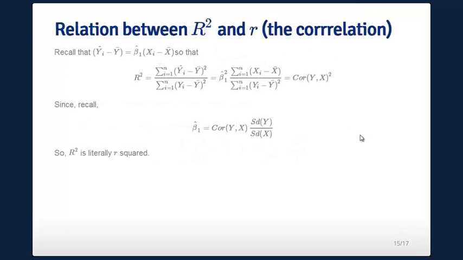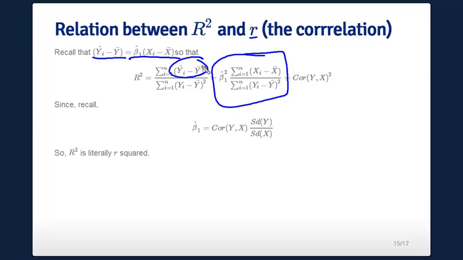So-called r squared. So very briefly, I want to talk about the relationship between r squared and r, which is the empirical correlation between the x's and the y's. Recall that yi hat minus y bar from 2 slides ago is equal to this guy. If we plug that into here, you can reduce that expression to this right here, which is exactly the correlation squared.